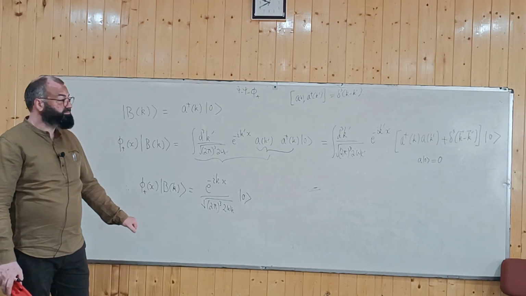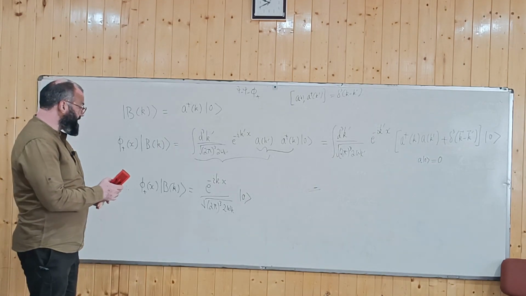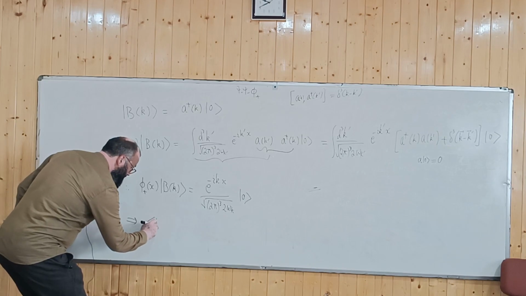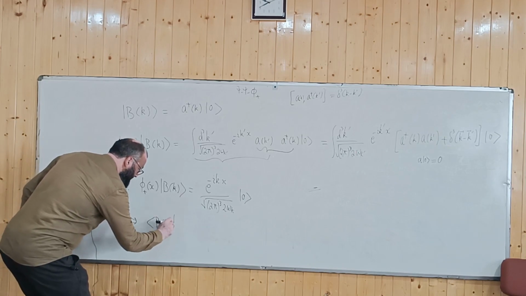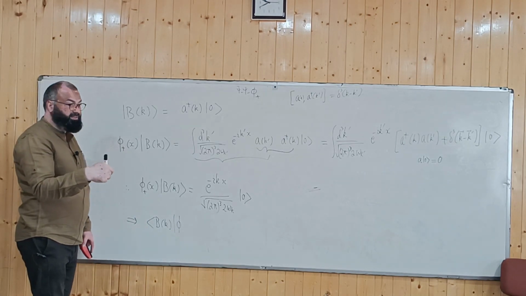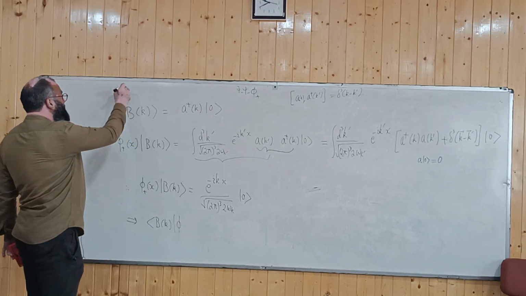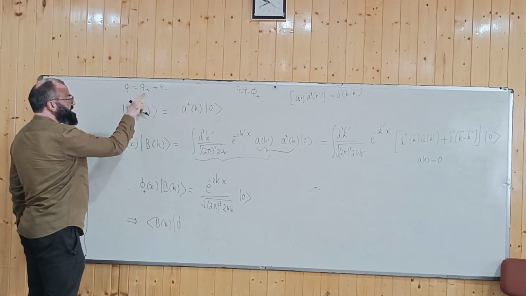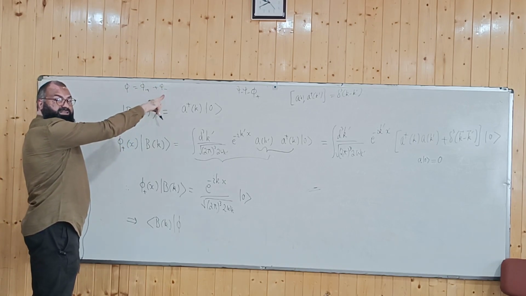Any question? Okay. So now I can take its conjugate, which implies the conjugate of this thing. So what is the conjugate of phi plus? That will be phi minus. Usually we write this phi as phi plus plus phi minus. So this is the annihilation operator and this is the creation operator.